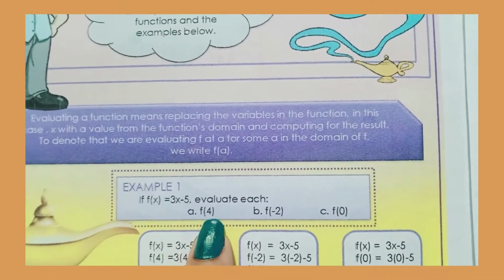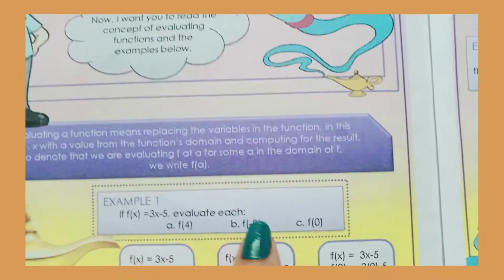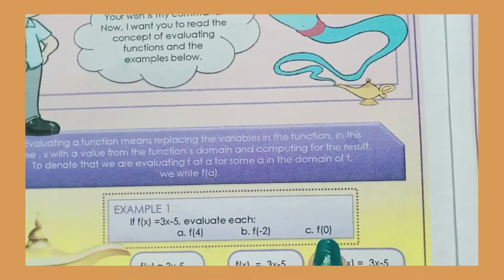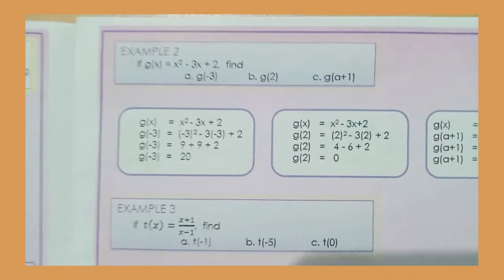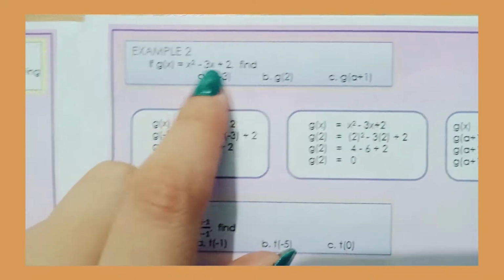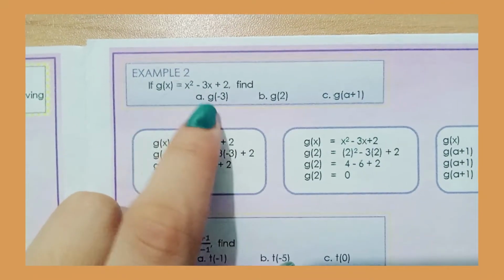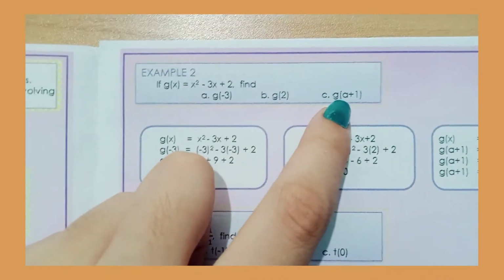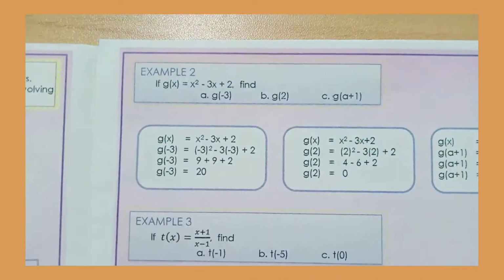So, in this case, yung x papalitan ng 4. Sa letter B, yung x papalitan ng negative 2. And sa letter C, yung x papalitan ng 0. Same with example number 2. So, given this equation, lahat ng x dito papalitan ng negative 3, 2, and a plus 1. So, let's try to solve them.